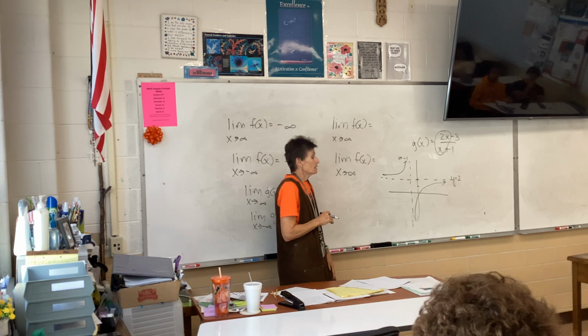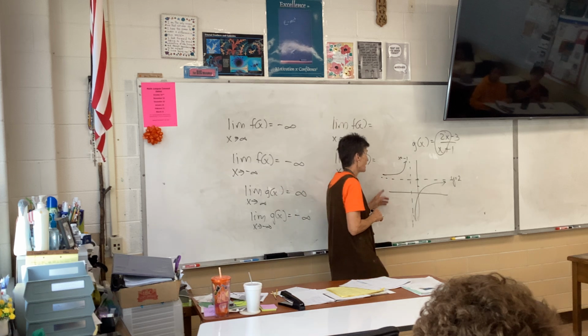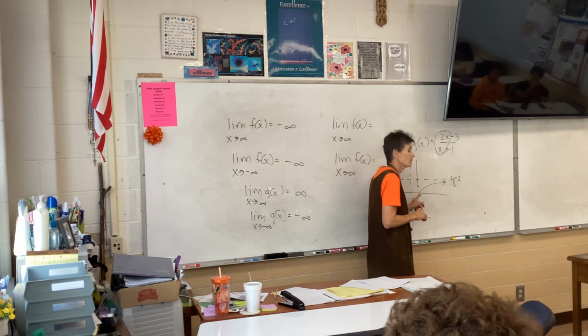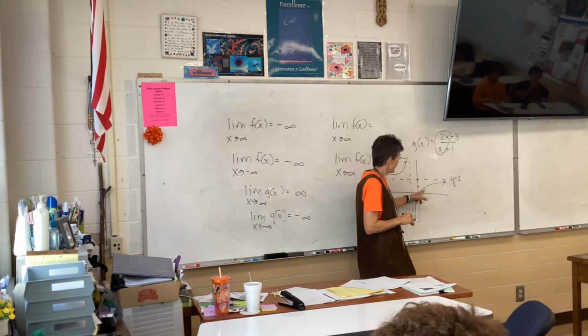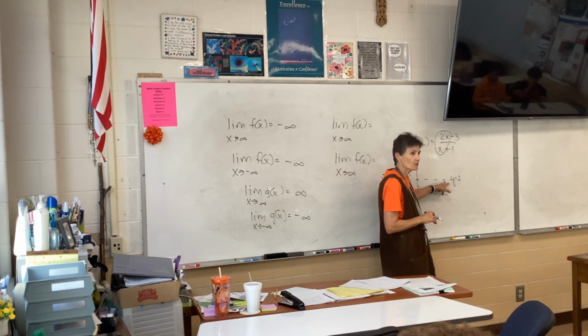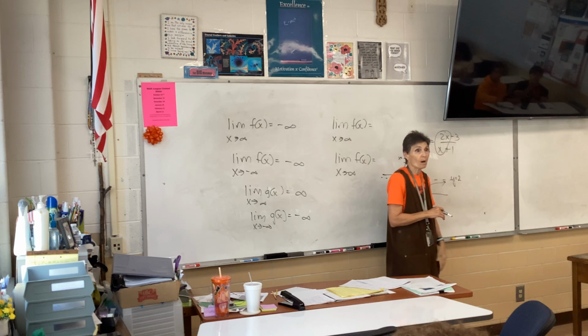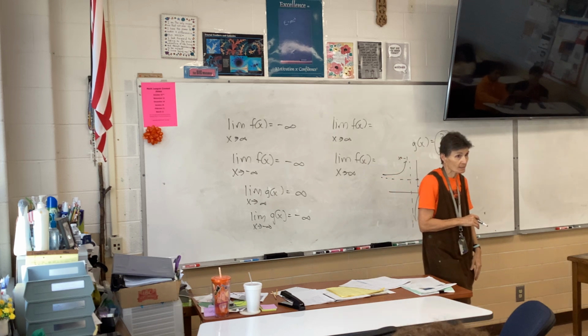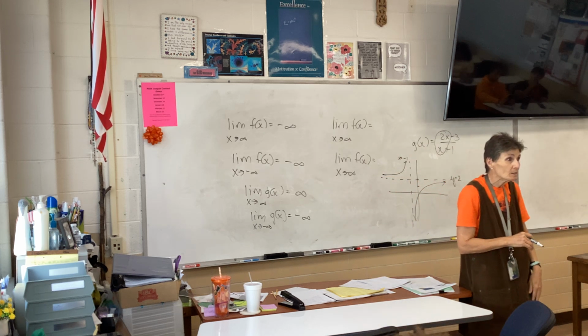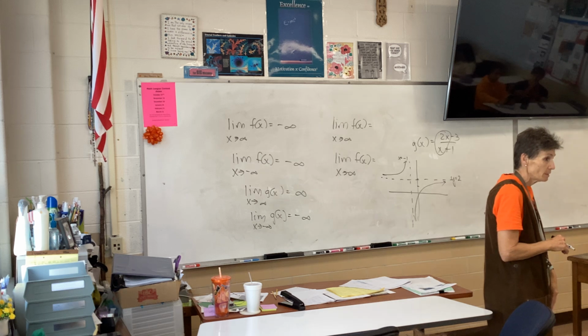Now, if you forgot that that asymptote was a 2, you could hit the trace button and just watch your y values as you go out this way. And what's happening to those y values? You should be noticing that they're getting bigger and closer to 2.